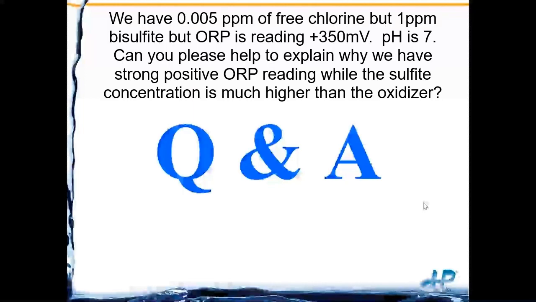Okay. So we have 0.005 ppm of free chlorine, but 1 ppm of bisulfite, but ORP is reading 350 millivolts. pH is 7. Can you please help explain why we have a strong positive ORP reading while the sulfite concentration is much higher than the oxidizer?